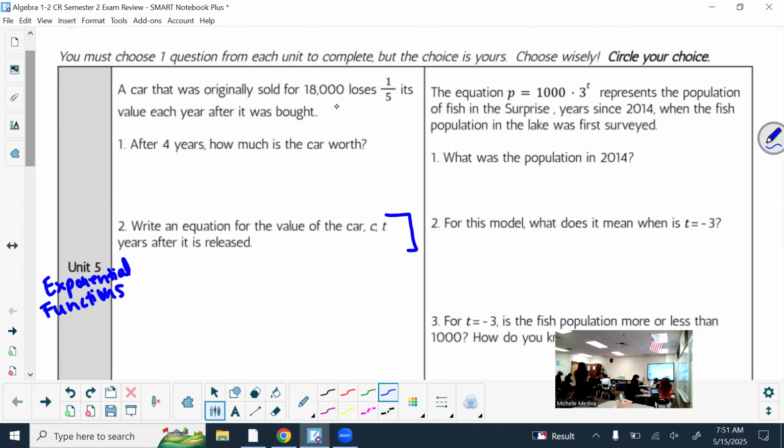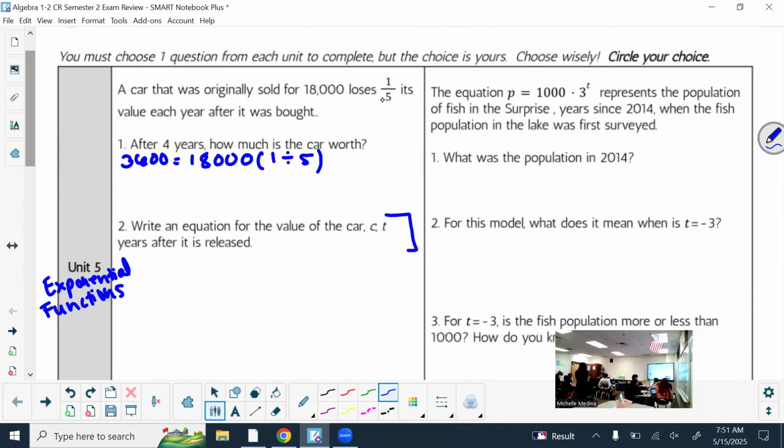Oh, better? 3,600? And what math did you do to figure that out? You mean 18,000 divided by 5? Yeah. Okay. So you can type this in your calculator and get that 1/5 of 18,000 is 3,600.